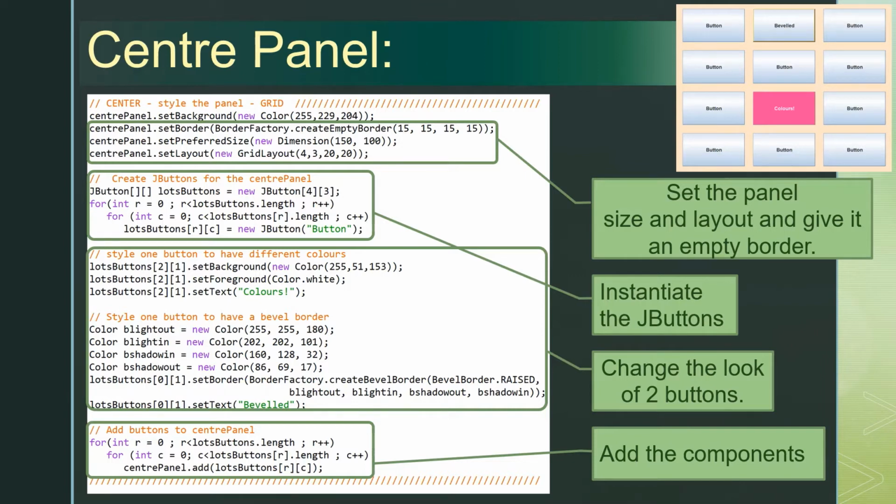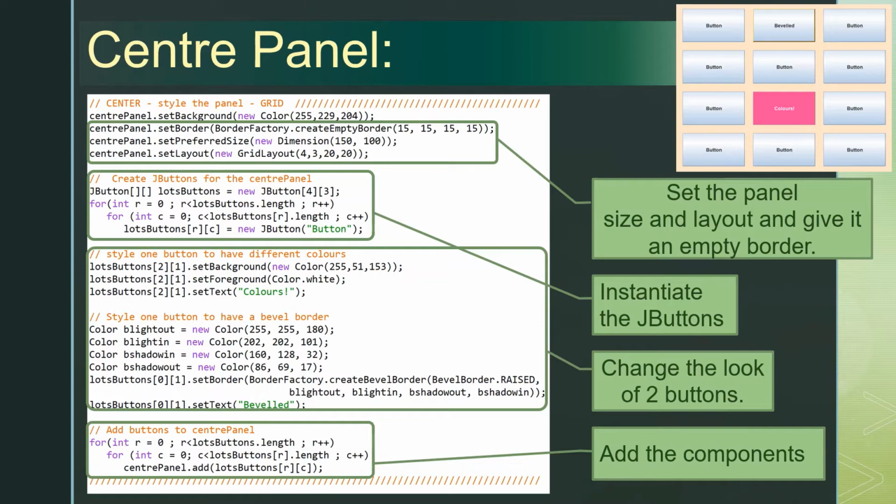And again, that second number here is going to adapt to whatever I've made the entire JFrame to be. And the layout, see where it says 4, 3, so that's 4 rows, 3 columns. The 20 and 20 is the number of pixels width-wise and then height-wise between the buttons, not counting the border because it doesn't give an outside border. So that's the first part where we're styling the whole panel.